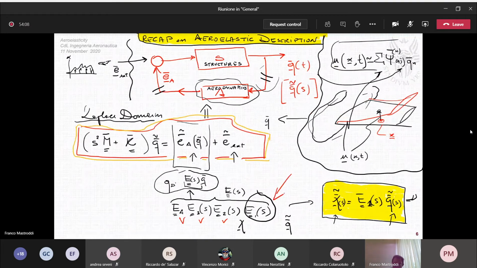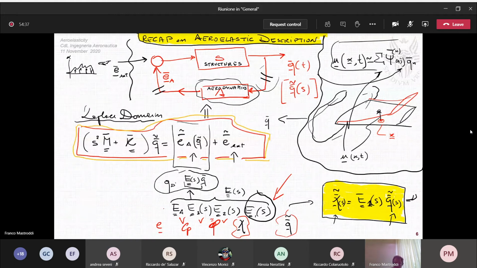This transforms our q quantity into our k quantity, and then the k quantity is transformed to the psi quantity by E2, and the psi quantity, the velocity potential, is transformed into Cp by E3, and the Cp is then projected on the mode shape, so obtaining the generalized force.